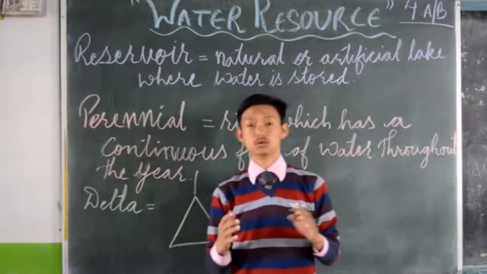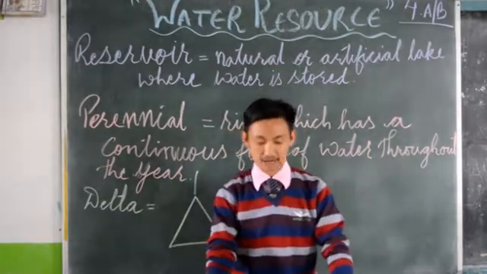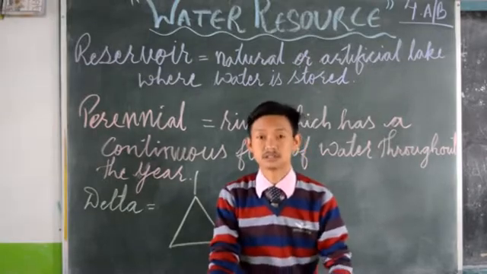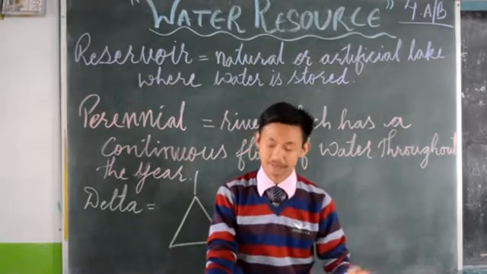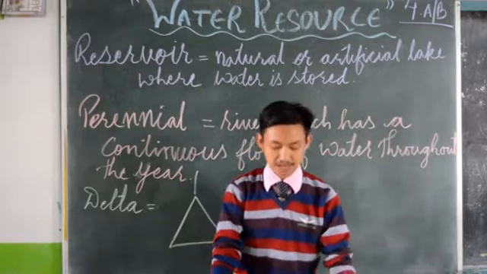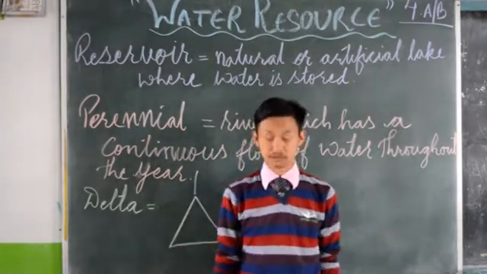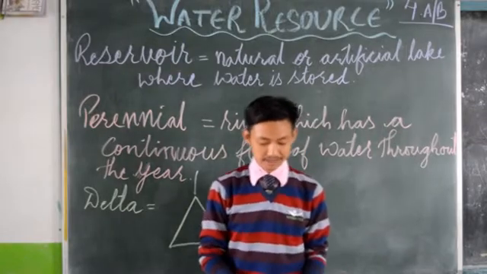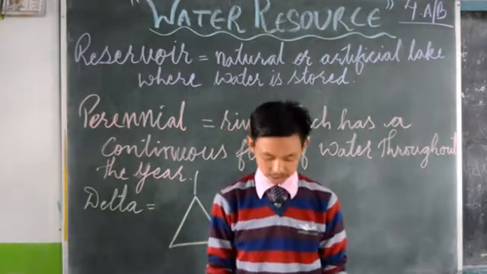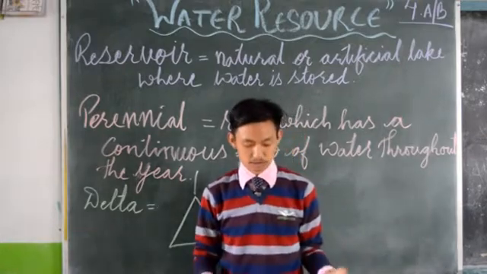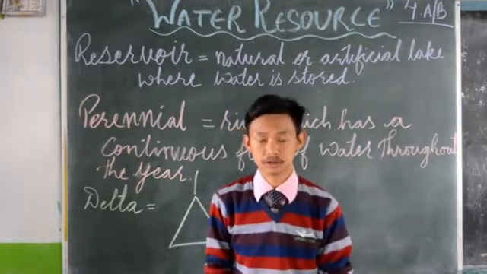Now, water is life, and water covers nearly 70% of Earth's surface, and every human being, animal and plant needs water to live. We need water for drinking, bathing, cooking, washing, and even the farmer needs water for growing crops.